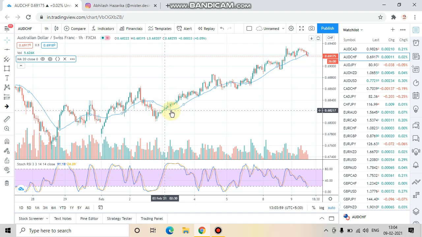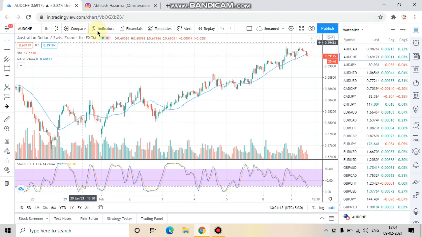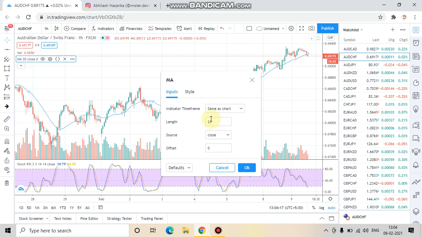Suppose if we would have entered here, it was giving us a sell signal here, but it has gone up till here. Let's do one thing. Let's use 50 period moving average. Let's check.